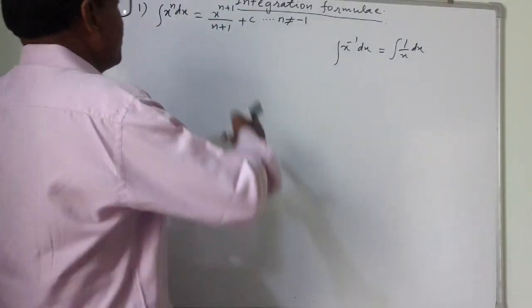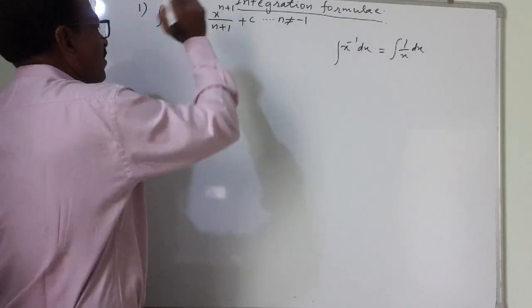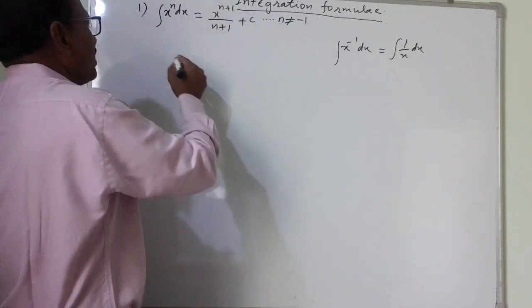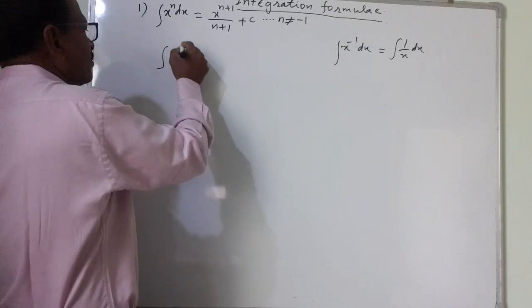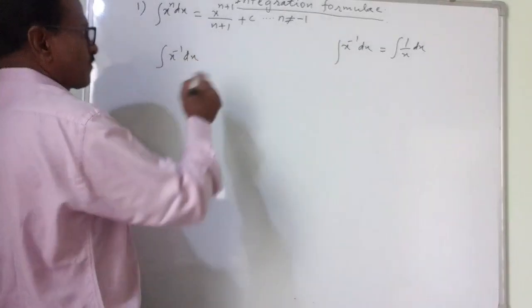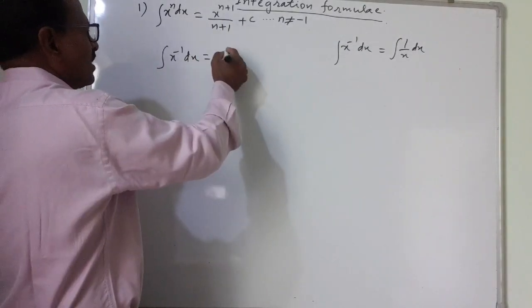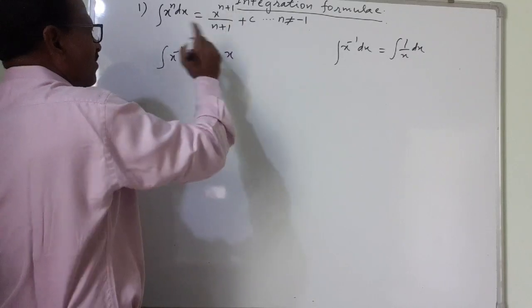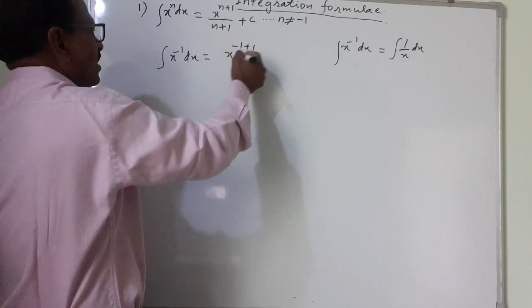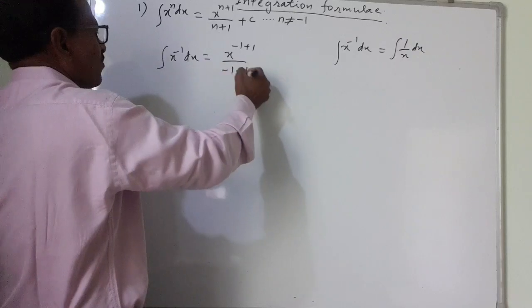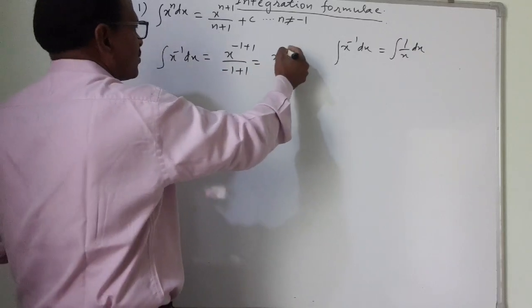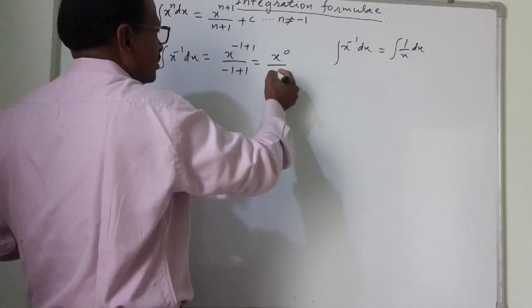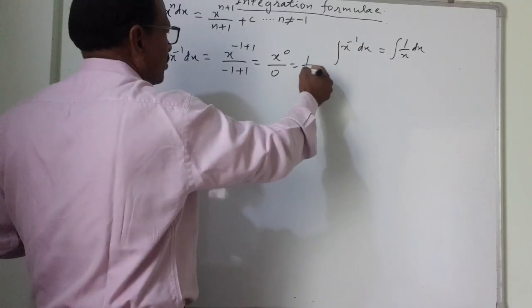Now the other way. If I put n is equal to minus 1, then what will it be? Integration of x raised to minus 1 dx, suppose, is equal to, formula is x raised to n plus 1, so x raised to minus 1 plus 1 upon minus 1 plus 1, that is equal to x raised to 0 upon 0, that is equal to 1 upon 0.